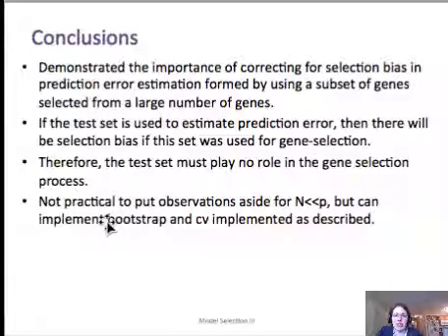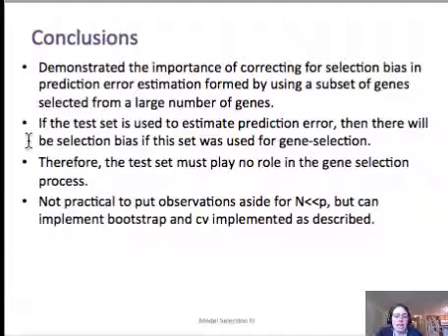Essentially what they've done is they've demonstrated the importance of correcting for selection bias in prediction error estimation, performed by using a subset of genes selected from a large number of genes. And they've certainly demonstrated that with 2 data sets and a number of different techniques, along with a simulated data set.